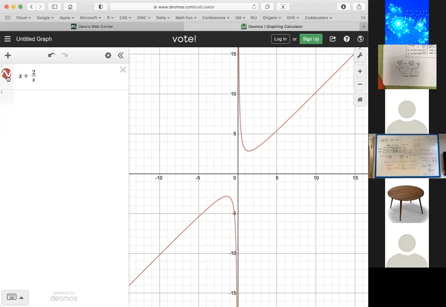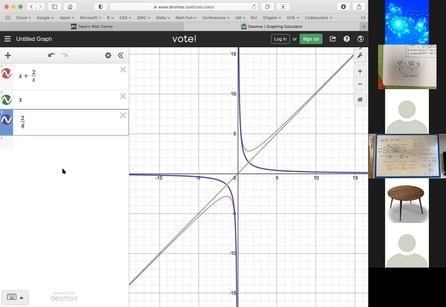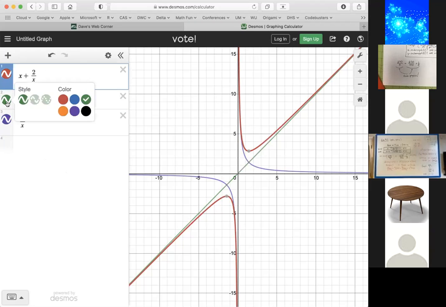This graph is a graph of x plus 2 over x. It's literally adding this line to 2 over x. Pretend you took the purple thing and you added it to the green thing. What you would get is the red thing.